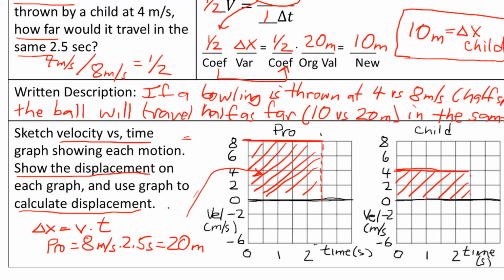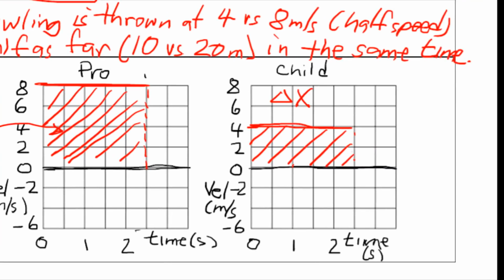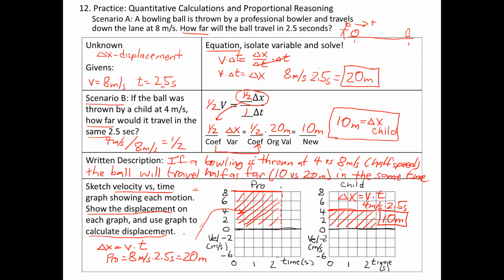And lastly, let's do it for our child. Again, displacement is equal to velocity times time, the height and width of this rectangle. For the child, that is 4 meters per second times 2.5 seconds. 4 times 2.5 is 10. Meters per second times seconds gives us meters, 10 meters. And there we have it.